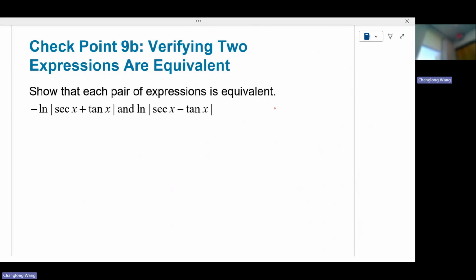Hopefully you can tell if that is the right direction. It won't hurt if you do that. And again, just to make sure, they're asking to show these two are the same, right? They're equal, so it's an identity. Negative log absolute value of secant plus tangent equals log absolute value of secant minus tangent. So just think about it for a minute, then we'll work it out together.